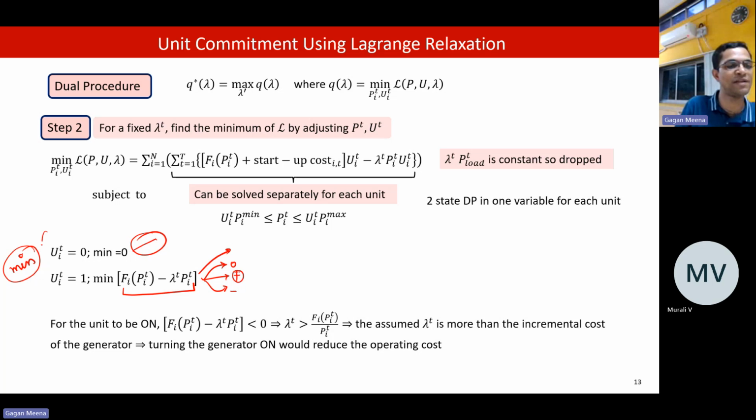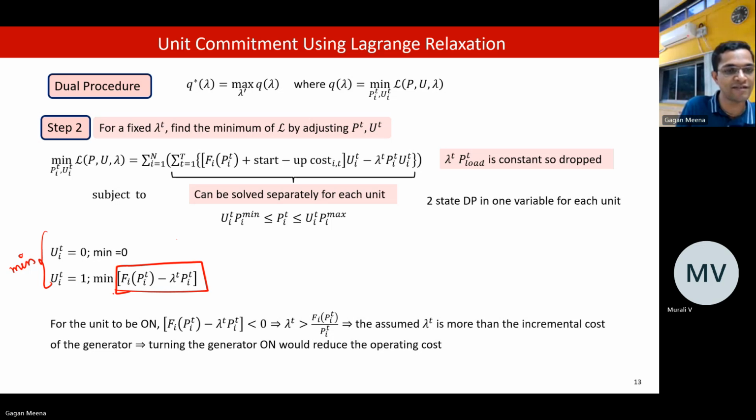Because we have used a minimum, for it to be selected it should be even less than 0. That means it should be negative. If it is negative, then the minimum of 0 and a negative value is the negative value, so this will be selected. That means the unit will be on. That's why for the unit to be on, this should be negative.